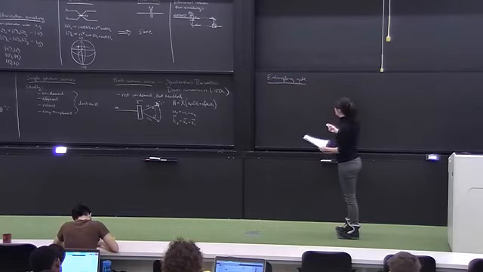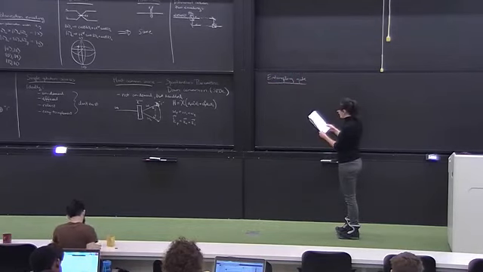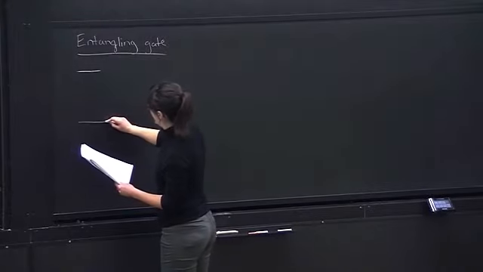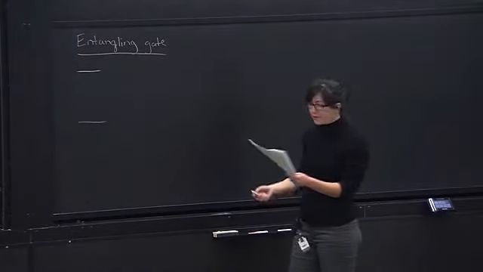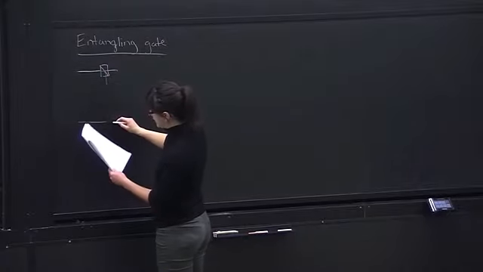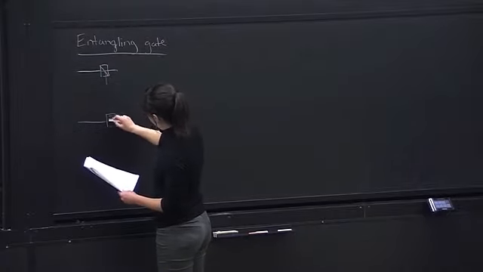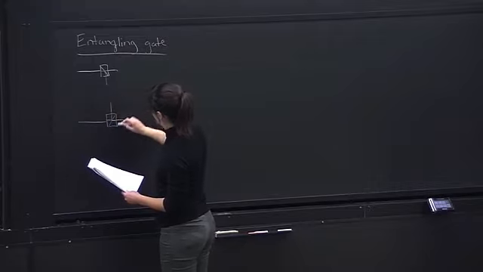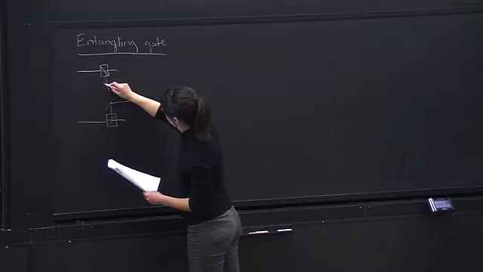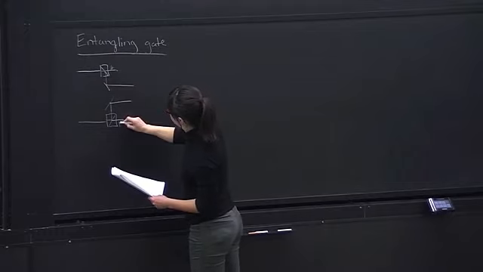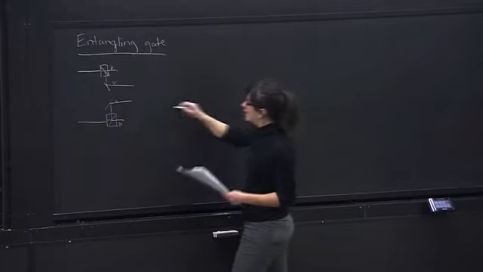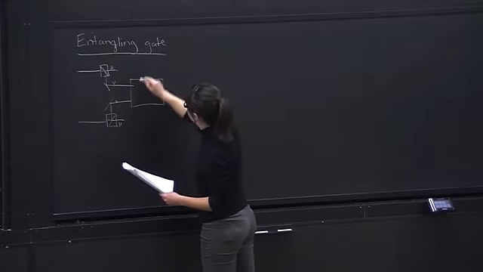Okay, so if we want to do an entangling gate, let's say we have our 2 polarization encoded qubits. We're going to split them up into path encoded qubits. So let's say that's H and that's V. And then we're going to send these things through one of these Chi-3 crystals.